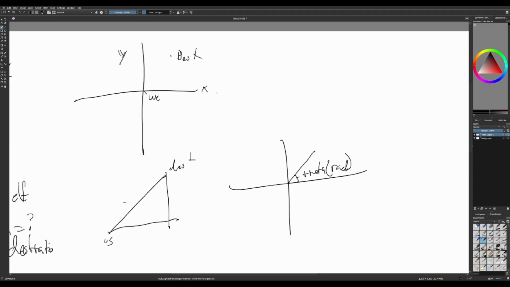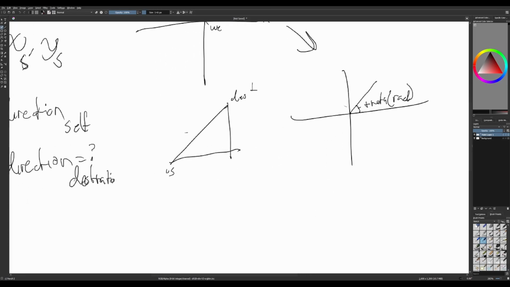The question is, can we translate these X and Y coordinates to a theta and distance? Yes, through triangles. So let's look at this here.